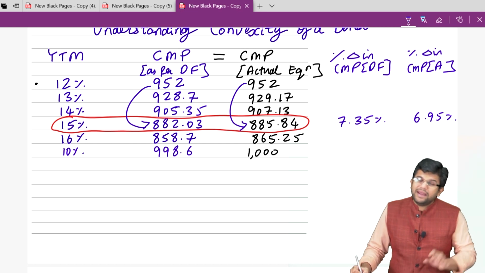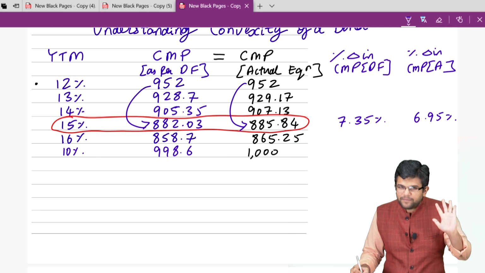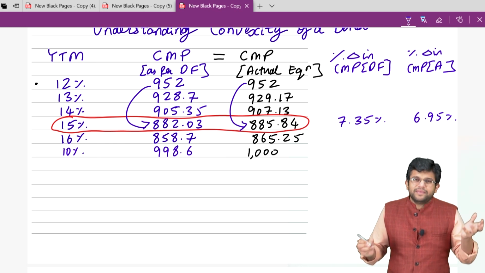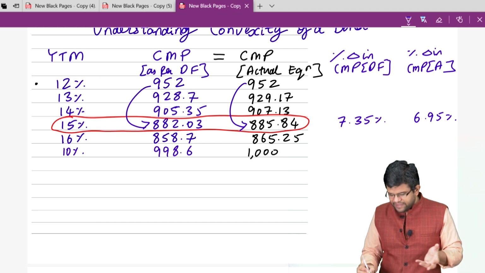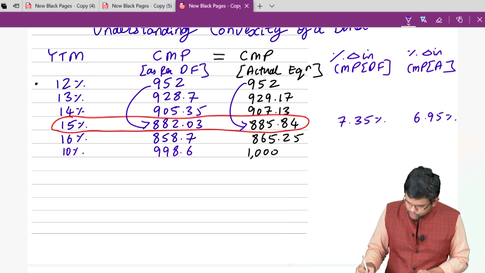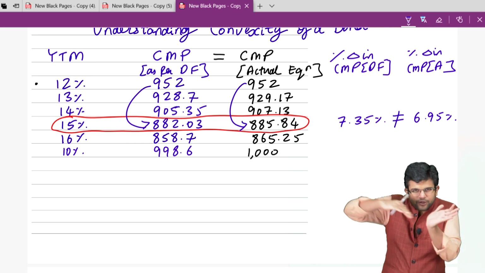So children, in reality the bond price has fallen only by 6.95%, but according to the volatility model, that is the first derivative, do you understand the derivative function is saying that no, the fall should be 7.35%. So children, these two are not same, and that is why there is that convexity, right?